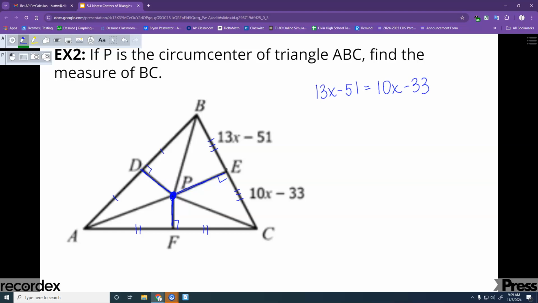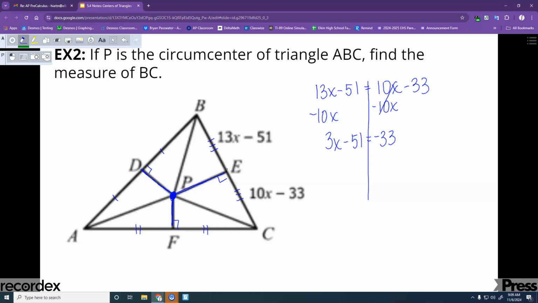That cuts that in half. So if I want to solve this equation for x, Kama, what would I do first? Perfect. We'll take away that 10x. That'll give me 3x minus 51 equals negative 33.